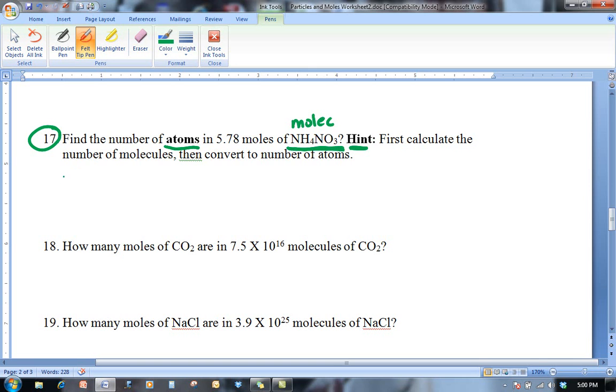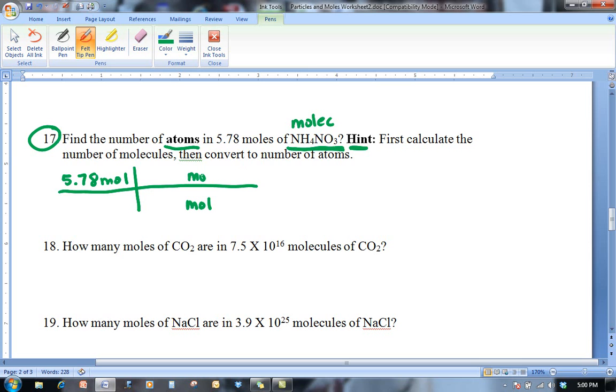We start with what we're given as always. So I start with 5.78 moles. Draw my line. Denote the unit. So I'm going to write mole at the bottom here. And even though I know that a mole has 6.02 times 10 to the 23rd atoms, I'm not going to be putting atoms on the top yet, because we first have to figure out how many molecules there are.